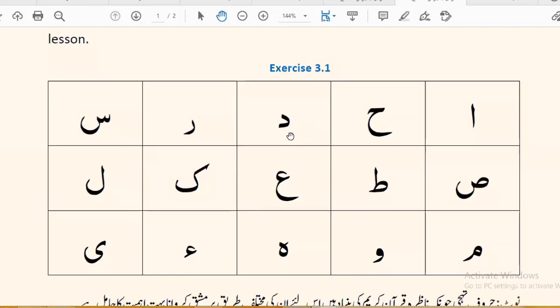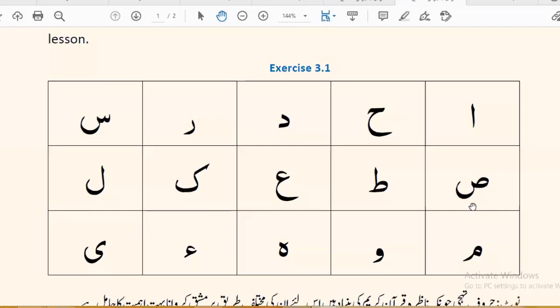Dal. Perfect. Next one. Ra. Good. Next one. Seen. Excellent. This one is? Tha. Okay, let's try this one together.